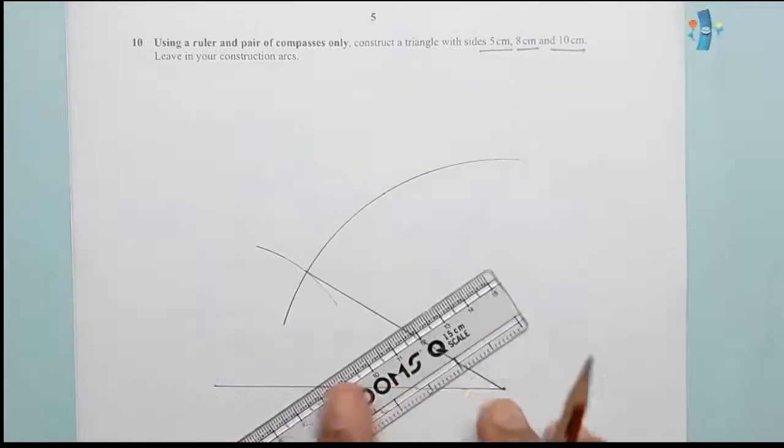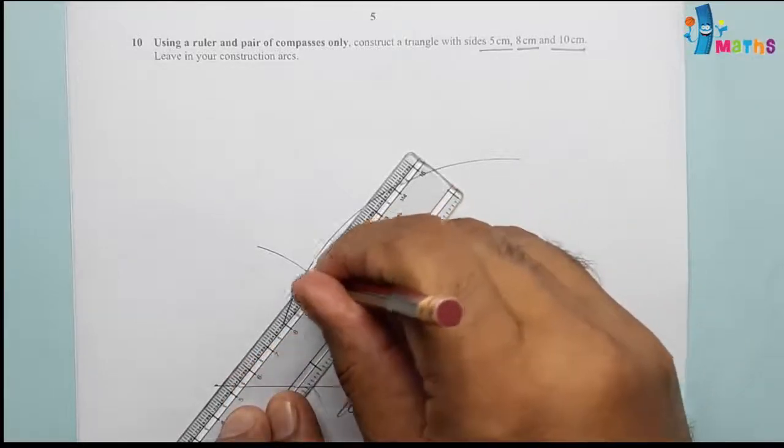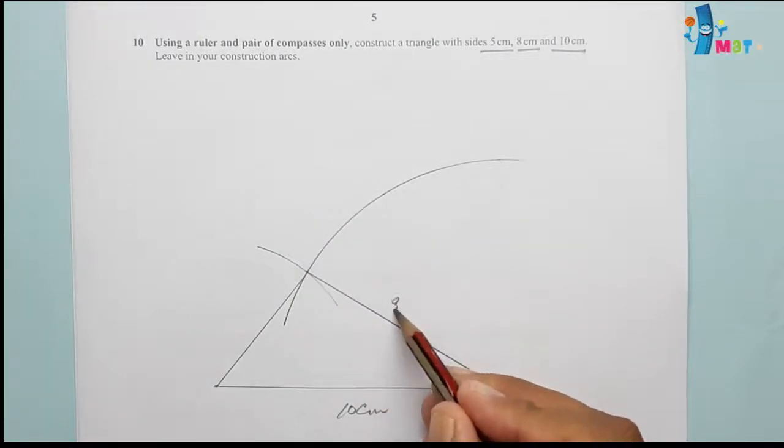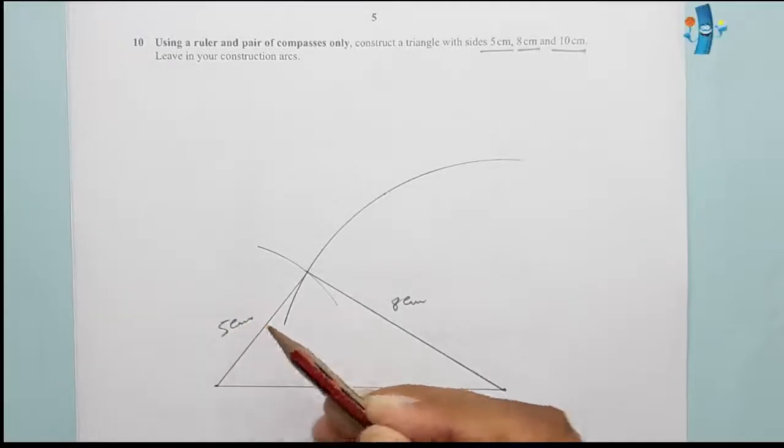With this, and on this side also we'll have to. Now this is the construction of this. This side is 8 centimeter and this side is 5 centimeters.